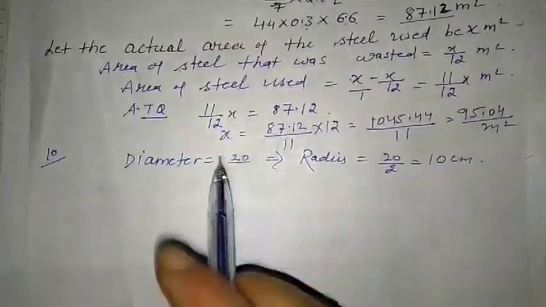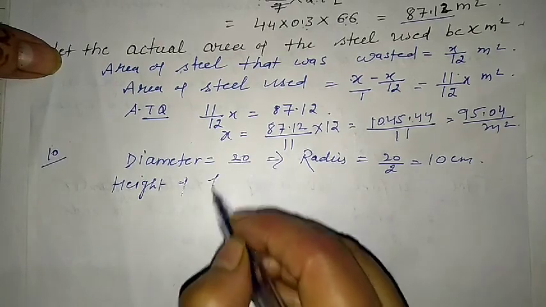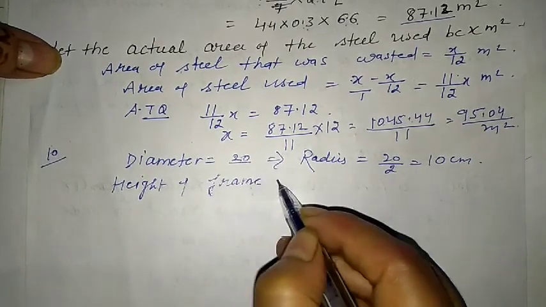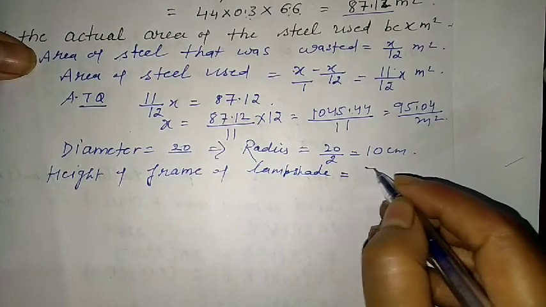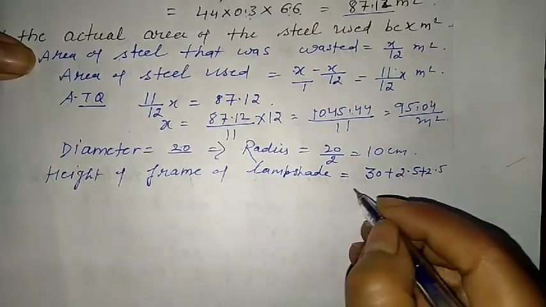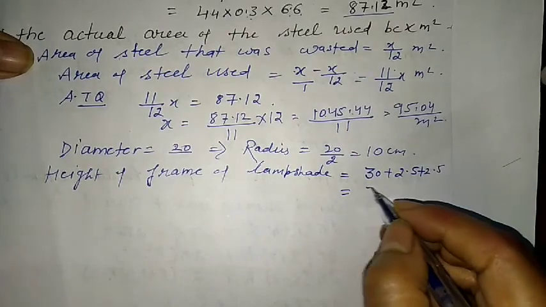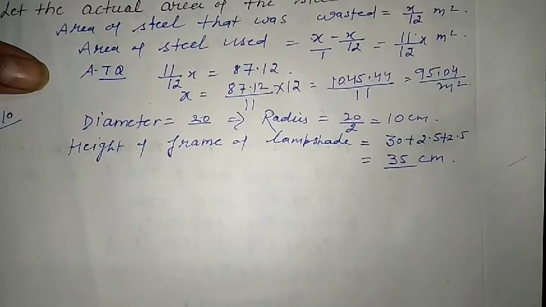Okay. Now total height of frame of lampshade is equals 30, and 2.5 margin on top, 2.5 margin at the bottom. So we are having here 35 centimeter. Right.